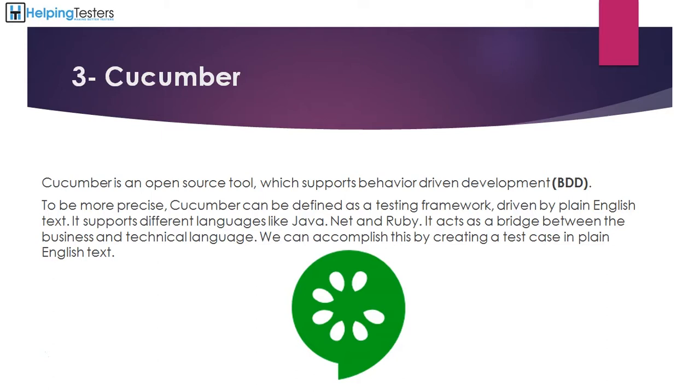So it acts as the bridge between business and technical users, because it is easily interpreted even by business users, who will not have that much coding knowledge, or at least not every business user will have enough coding knowledge to interpret the code. In Cucumber, it is an advantage because it acts as a bridge between both the business and technical teams, and you can create the test cases even in plain text.